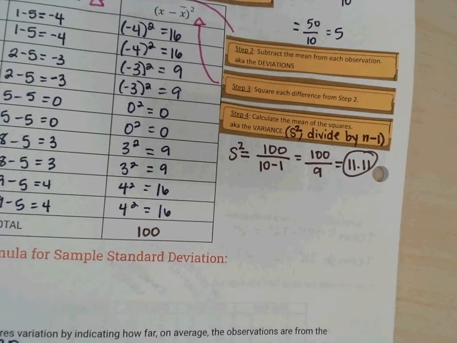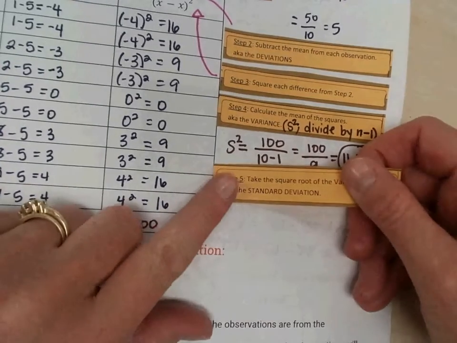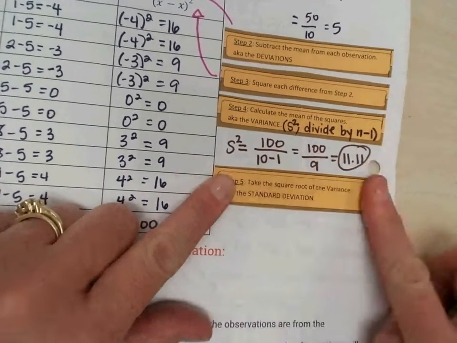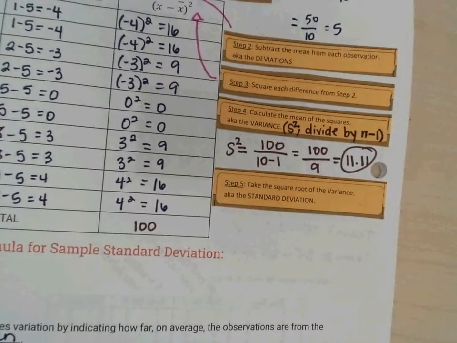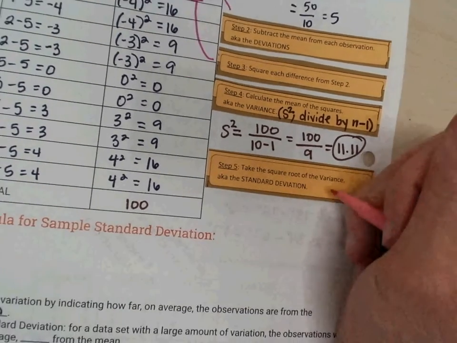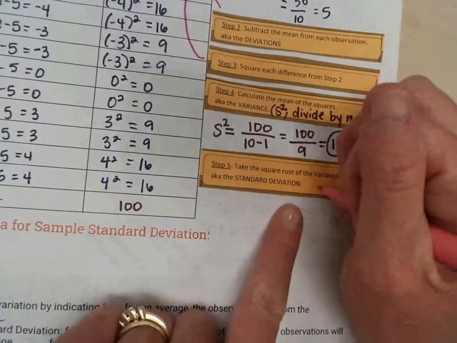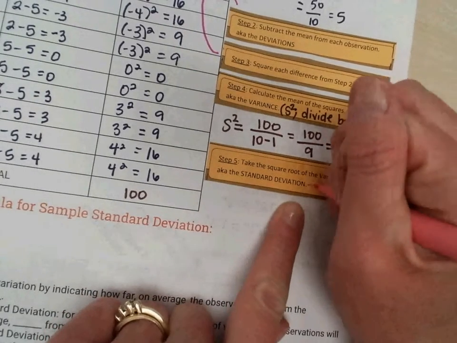Step 5 is where we're going to calculate the standard deviation. This is the last step. Step 5. You got this. This is it. Okay, so take the square root of the variance to calculate the standard deviation.